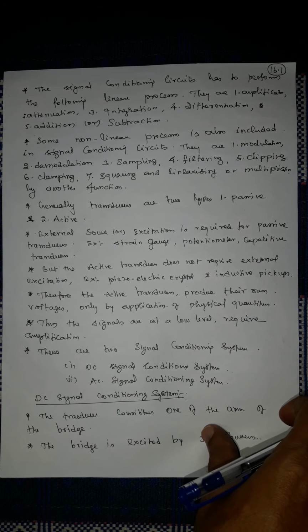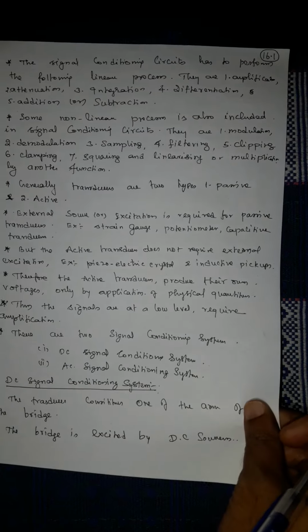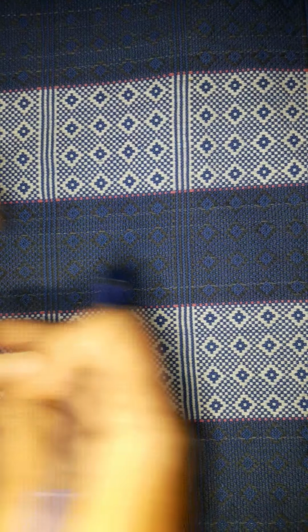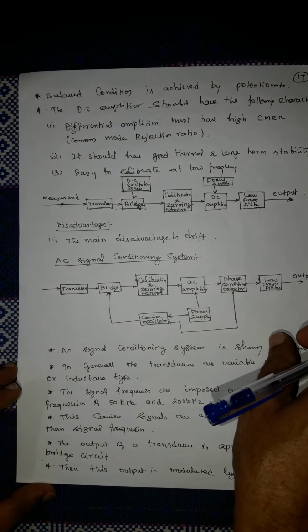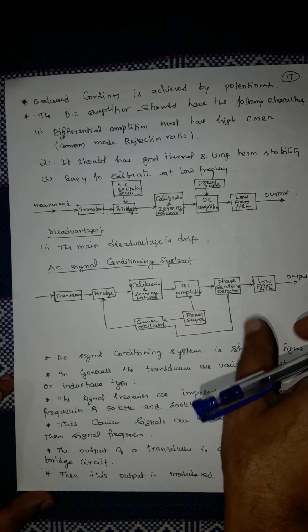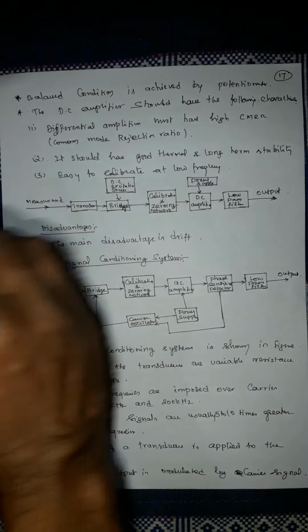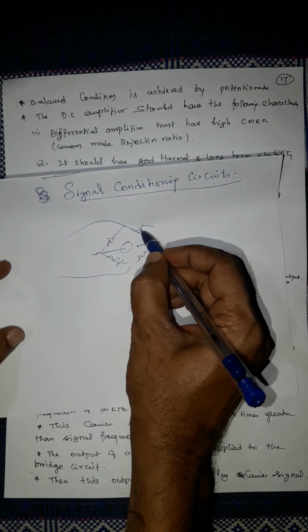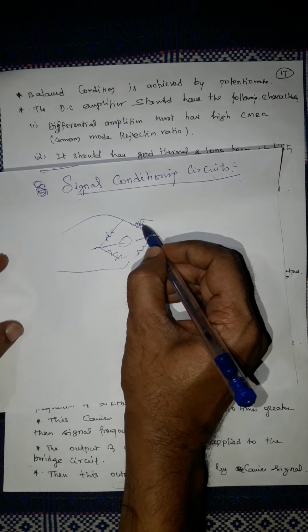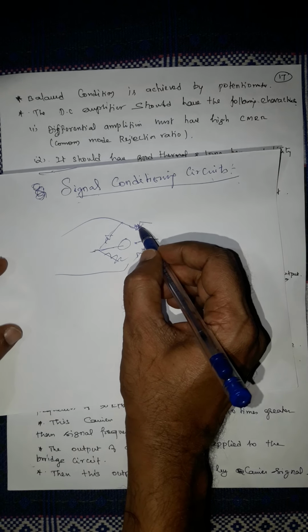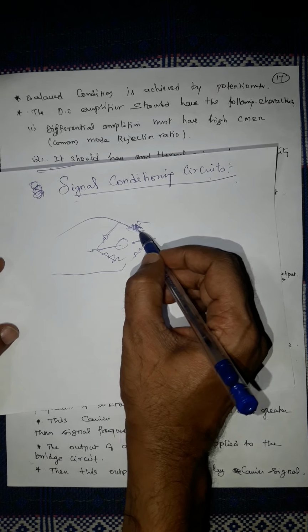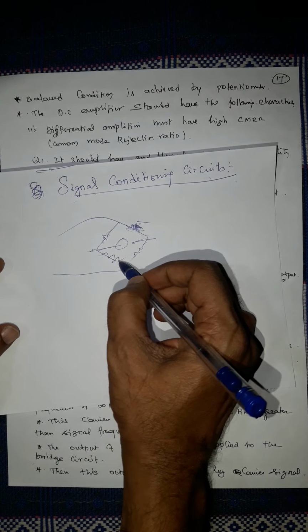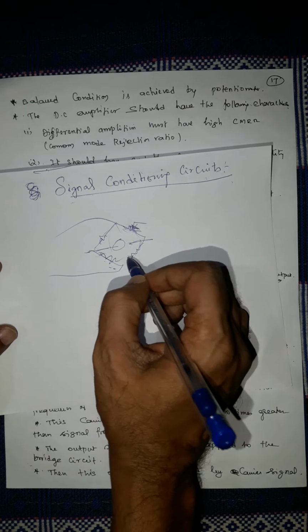The bridge is excited by a DC source. The balanced condition is achieved by a potentiometer. How is the balanced condition achieved? One of the resistors is variable. If you vary the potential using a potentiometer, the resistance gets varied. Therefore the balanced condition is achieved in the bridge.